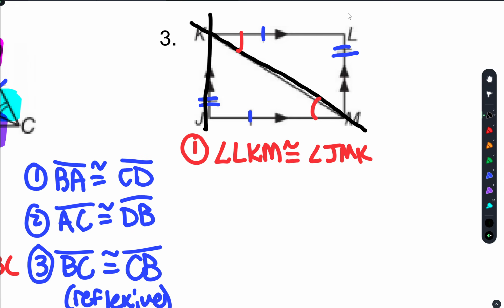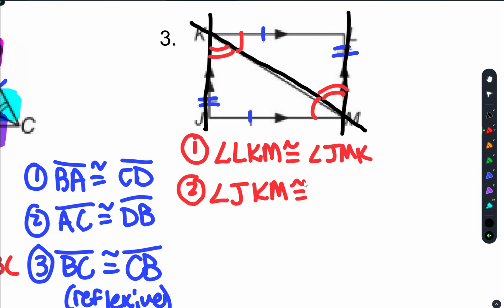These parallel lines. Hopefully we also see this pair of alternate interior angles. So that is JKM and LMK. Both of these, let me write a little reason here. Alternate interior.